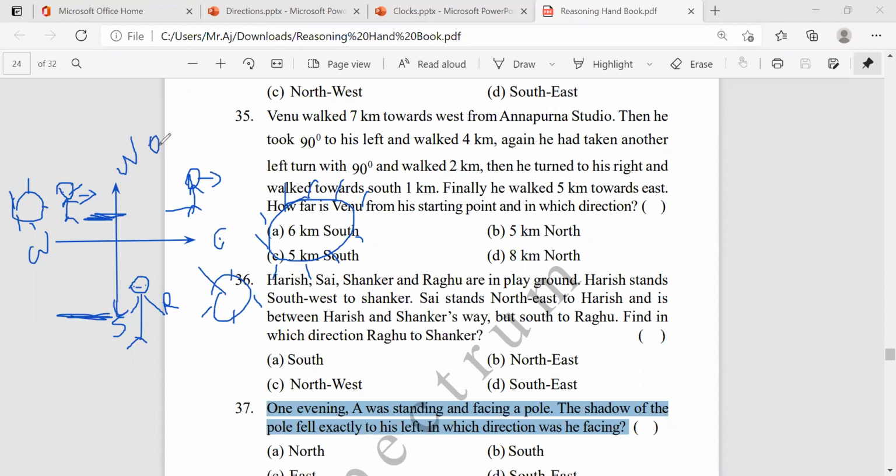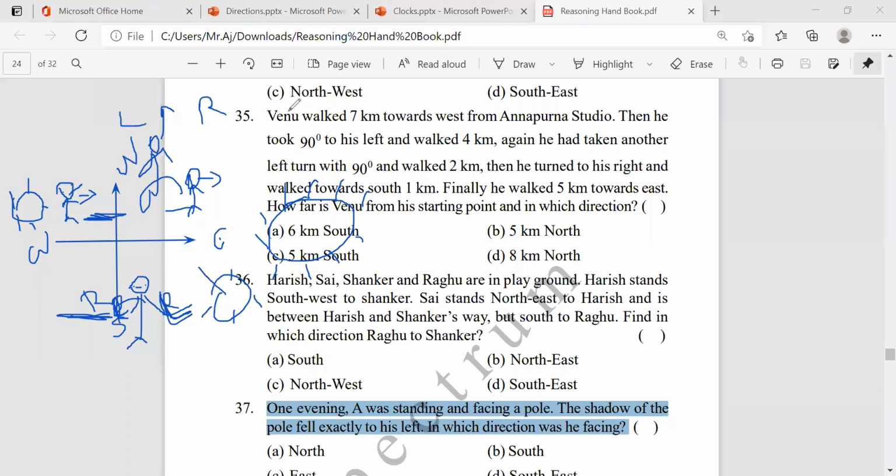Suppose a person is here, facing north. This is the left and this is the right for facing south. So in the morning, if one person faces south, the shadow will be on his right side. In the morning, if one person faces north, then the shadow will be on his left.